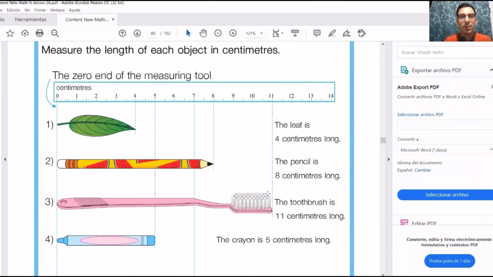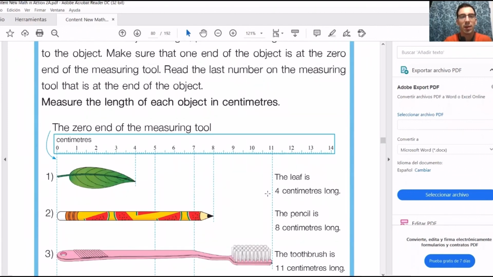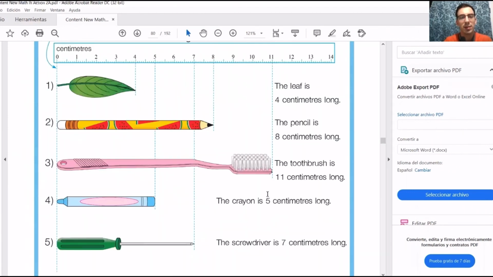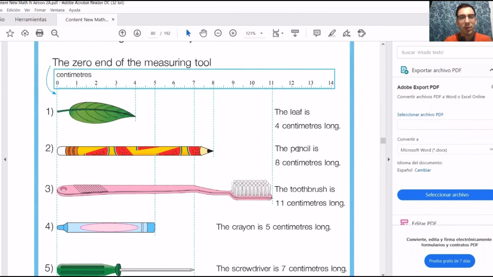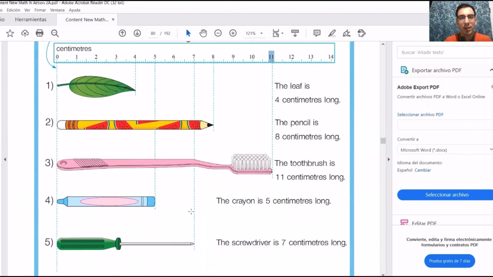And here we have measuring objects in centimeters again. For example, we have a leaf that is 4 centimeters long, a pencil that is 8, a toothbrush that is 11, a crayon that is 5, and a screwdriver that is 7 centimeters long.